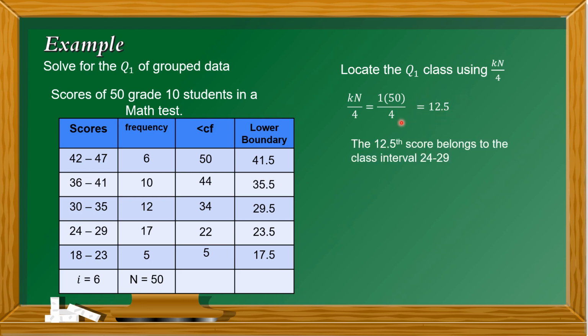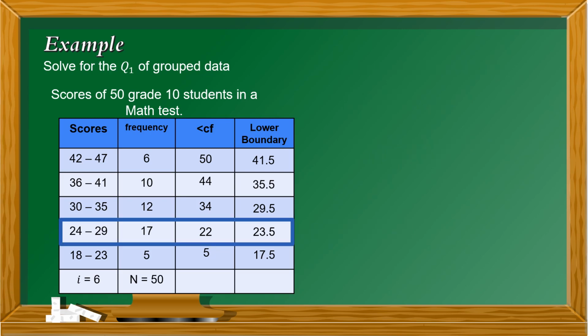Hanapin natin sa less than cumulative frequency ang number na equal or mas malaki sa 12.5 at ito ay ang 22. Nangangahulugan ito na ang pang 12.5 scores ay nasa class interval na 24 to 29. Ito ang ating magiging first quartile class.